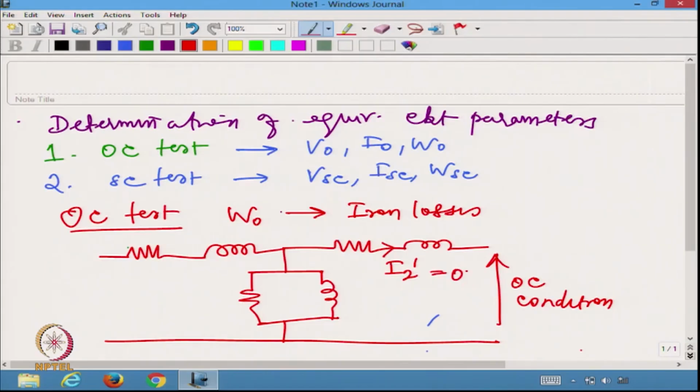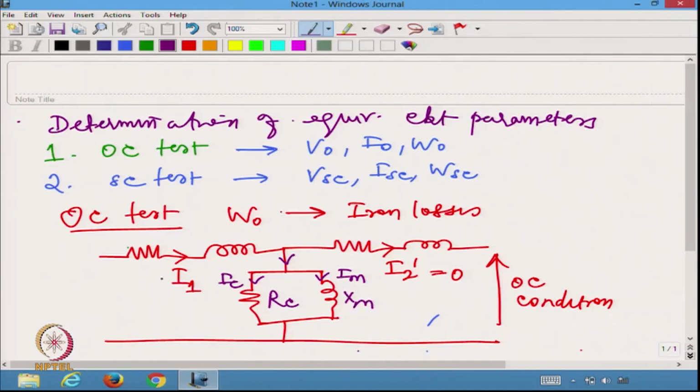What actually flows during the open circuit condition in the primary is only IC, which corresponds to the core loss component of current, and IM, which corresponds to the magnetizing component of current.